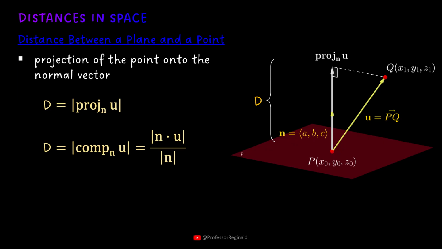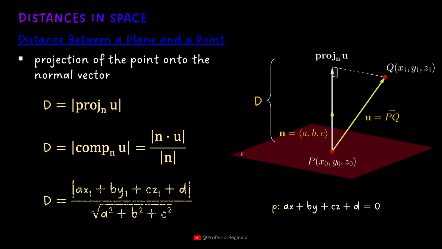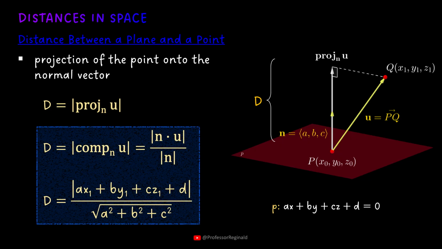Given the general form of the equation of a plane, the distance of the point not in the plane to the plane is given by this formula. But how is this dot product the same as these terms inside the absolute value?